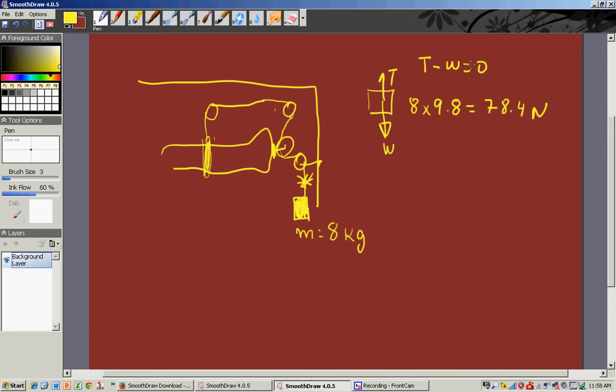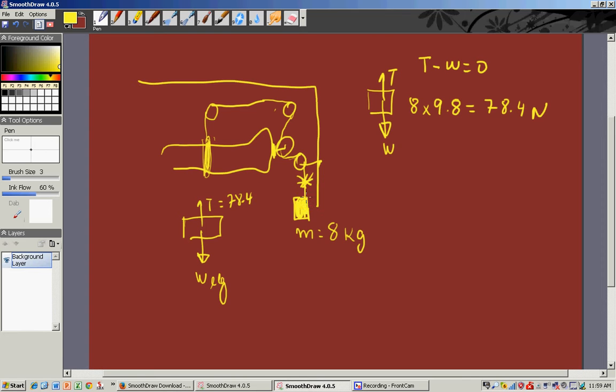The weight is equal to the tension. Since it's not moving, T minus W is equal to 0, so T is equal to W. So the tension here is the same that goes all over the place and down. So the tension that supports the leg is 78.4.